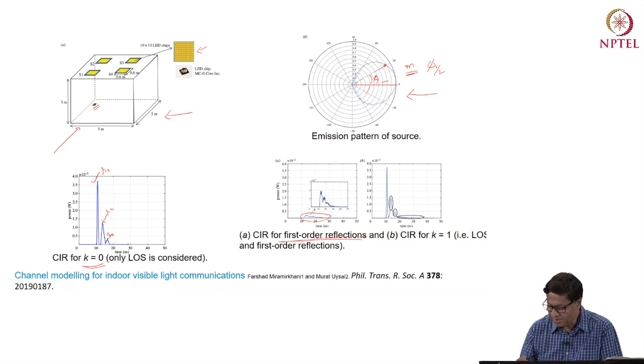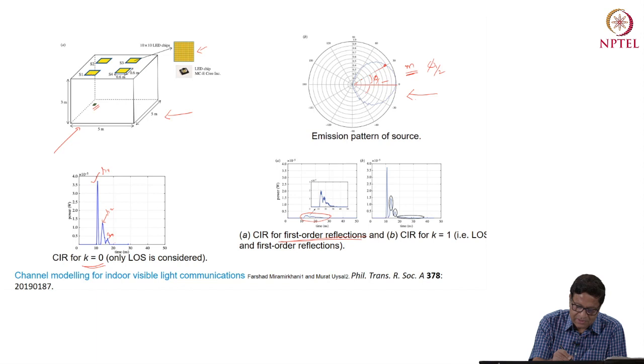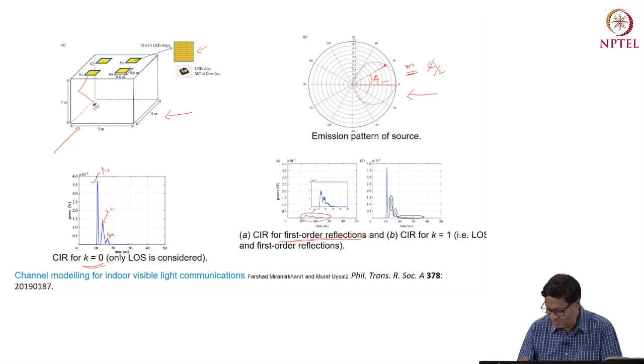Because it is traveling a longer path, it can strike here and then go to here. So this may be a longer path as compared to the line of sight path. So it is coming at a later time. That is why you can see this coming beyond 10 or 15 millisecond, whereas the line of sight was coming in 10 millisecond. And this is magnified here. So this is the contribution of the first order reflection.